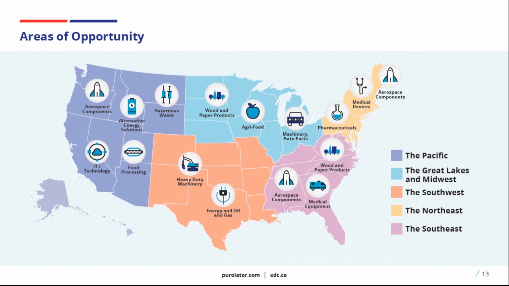But it's important to note that each region in the U.S. presents different clusters of firms and economic activity, and these should be kept in mind, and because they can be used to inform your U.S. export strategy. We have a helpful breakdown online on our edc.trade website, which I could provide to Natalie afterwards to share with you. It summarizes some of what I'm going to be telling you now, but let's look a little bit at the different markets.